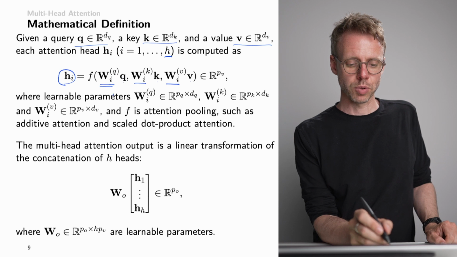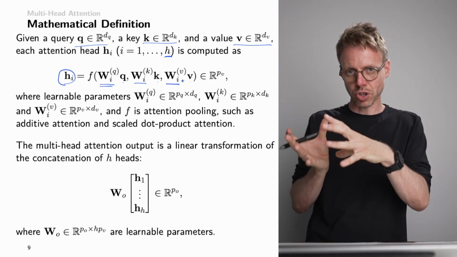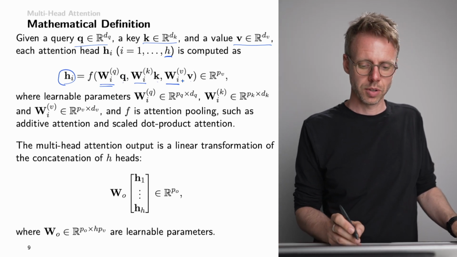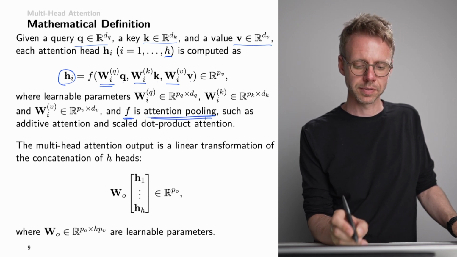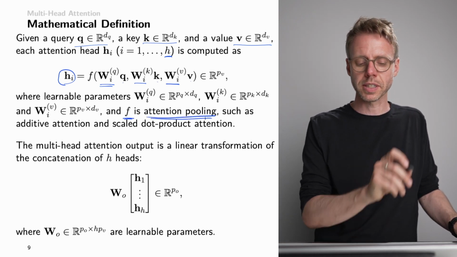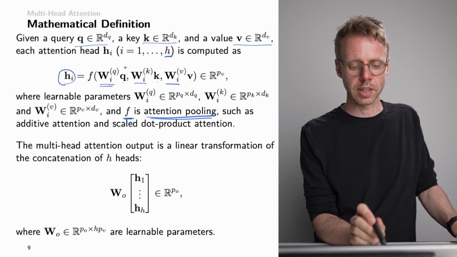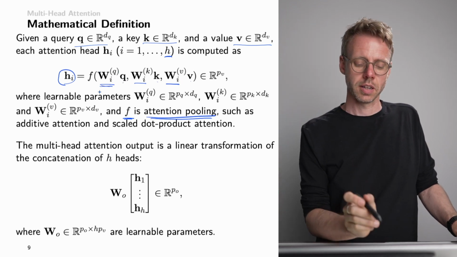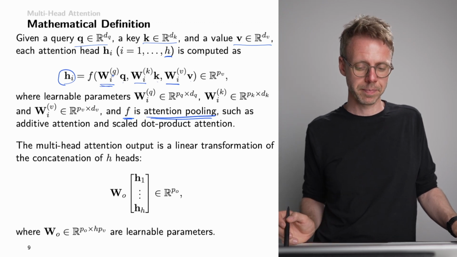You multiply them to the corresponding query, key, and value vector, which gives you a linear transformation of this vector. Now you're computing your function f, and f is your attention pooling operation. So f is always the same function, but the input to f are these differently transformed queries, keys, and values that are transformed using these different W matrices.